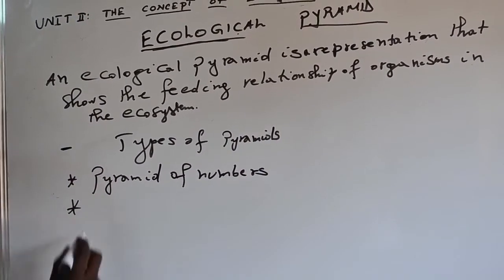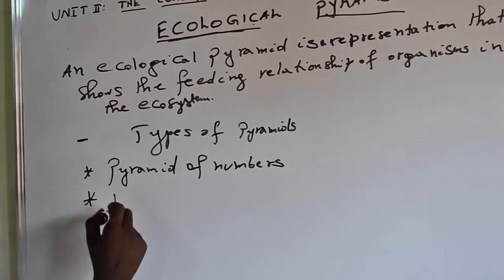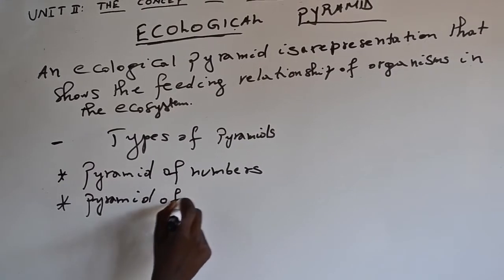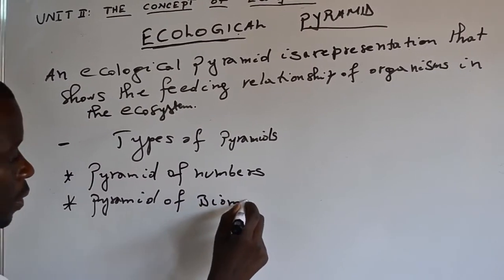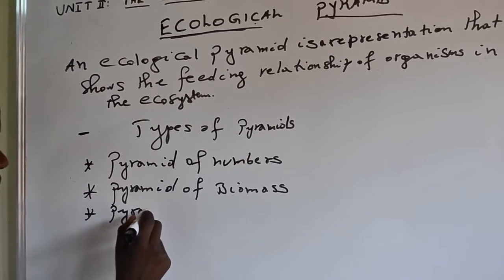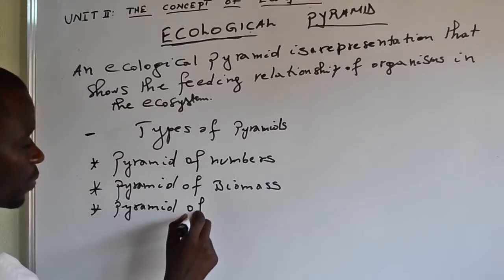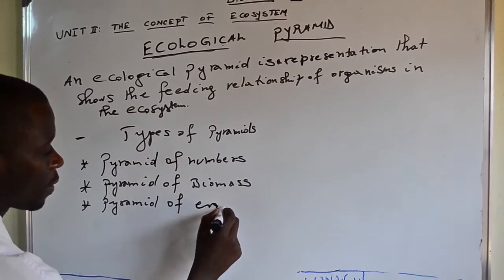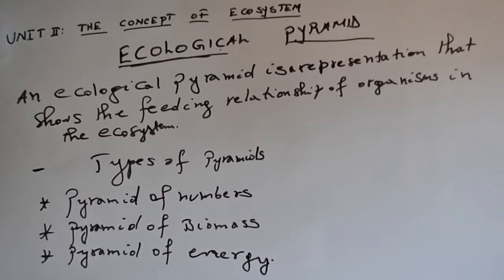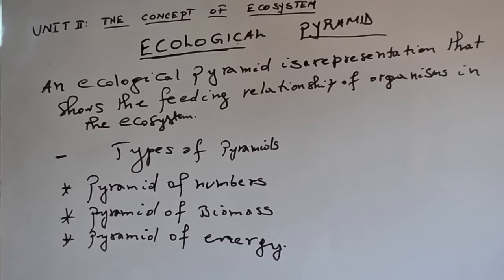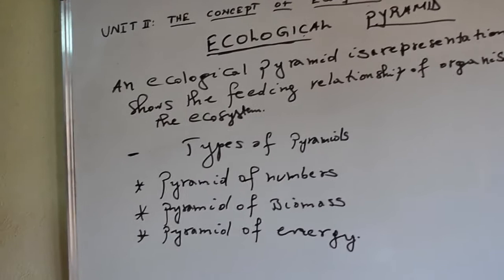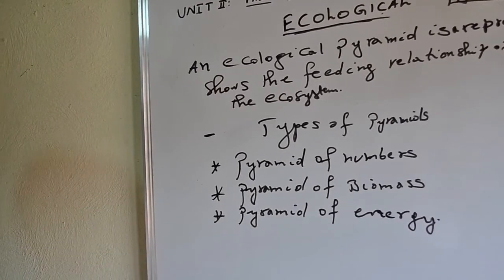We have also the pyramid of biomass, and sometimes the pyramid of energy. All these pyramids, whether of numbers, biomass or energy, show the relationship between living things and their feeding relationship.